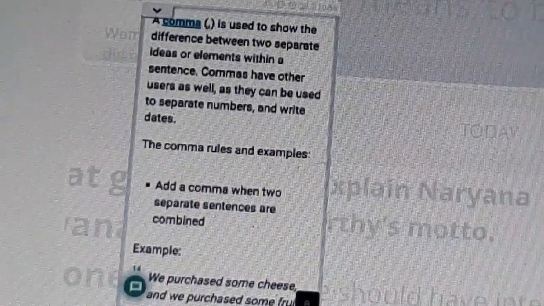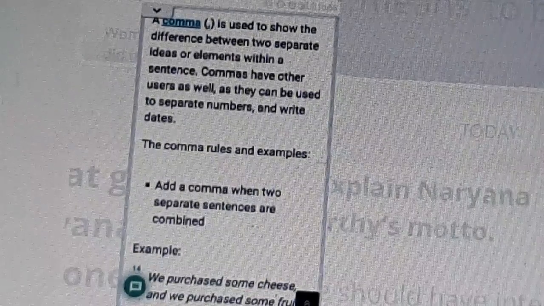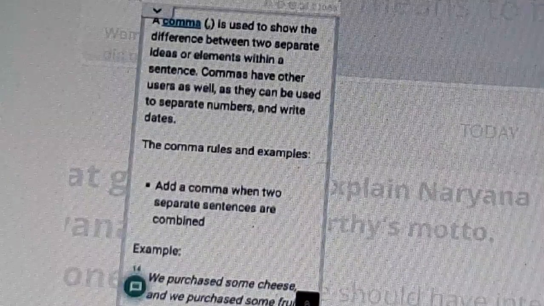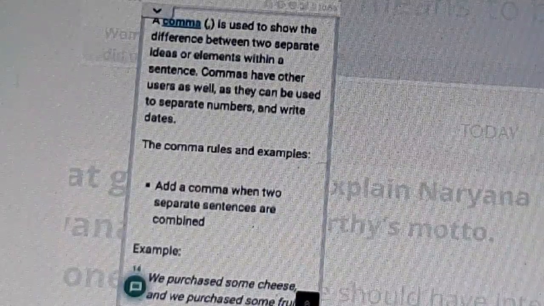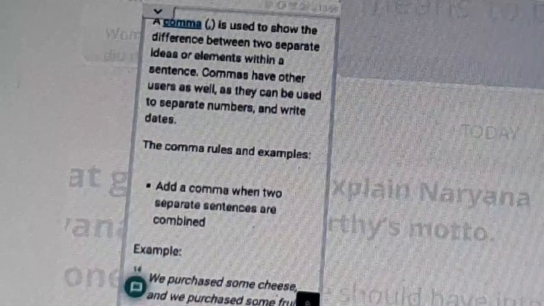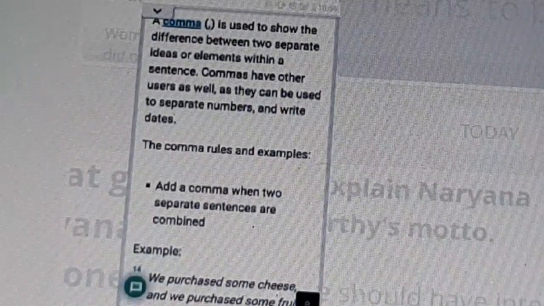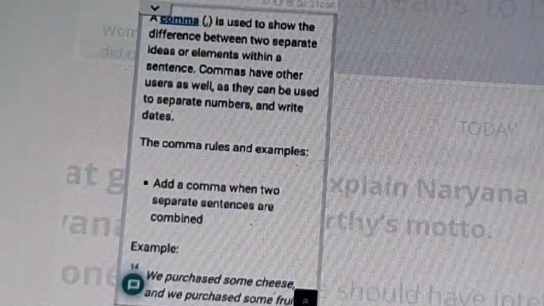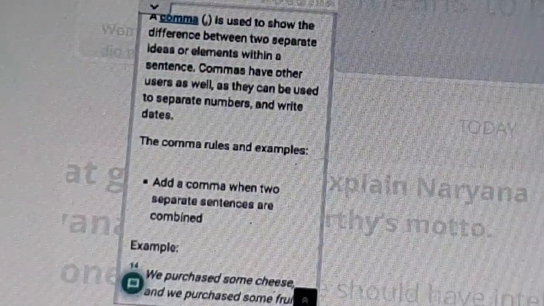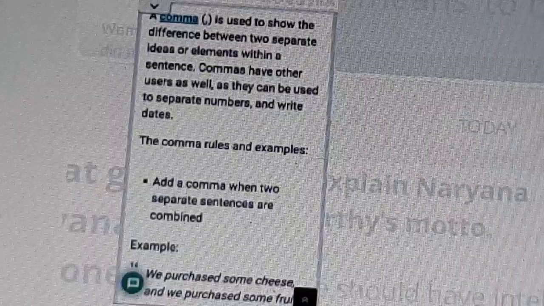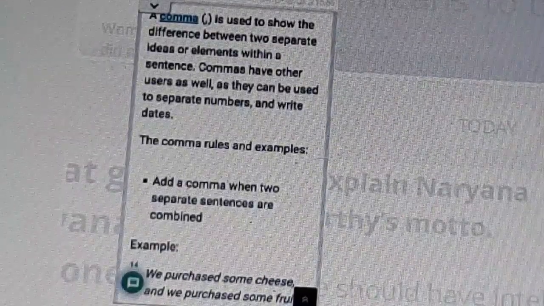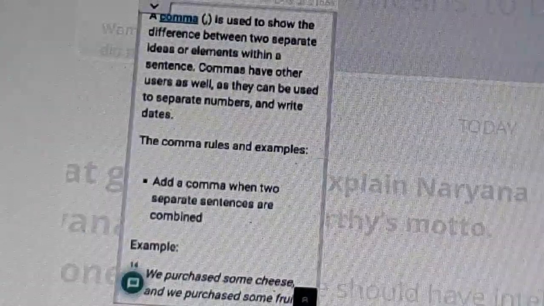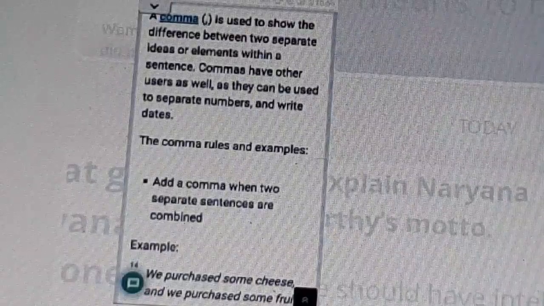A comma is used to show the difference between two separate ideas or elements within a sentence. Commas have other uses as well, as they can be used to separate numbers and write dates. Comma rules and examples.